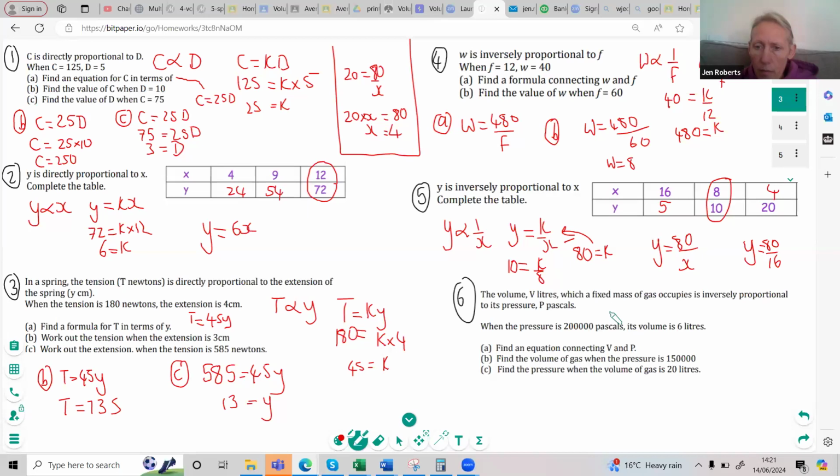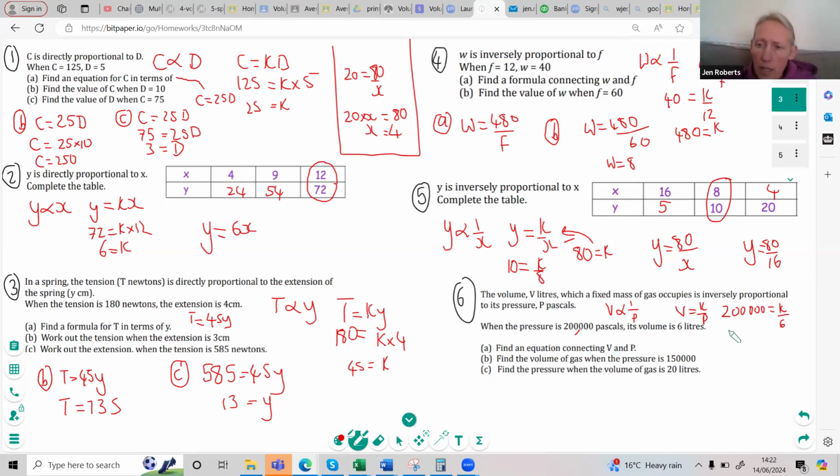Okay, this time V is inversely proportional to P. V equals K over P. We've got 200,000 pascals. K over 6.